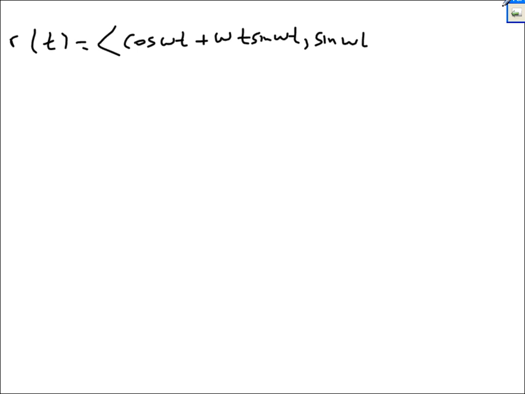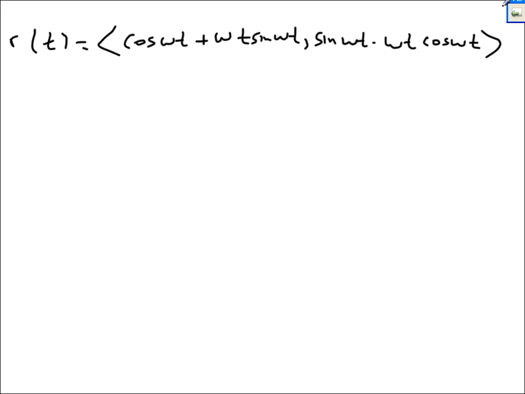Same problem, let's find k. Suppose that you were told that r of t was cosine omega t plus omega t times the sine of omega t, that's x of t, comma, the sine of omega t minus omega t cosine of omega t.